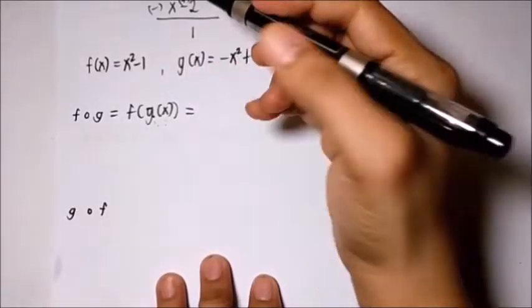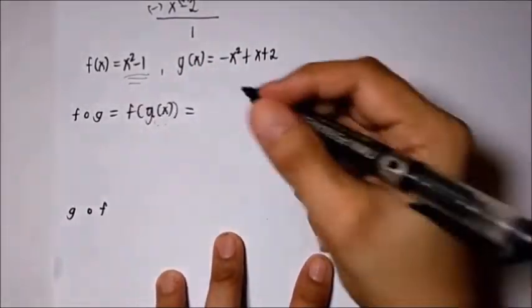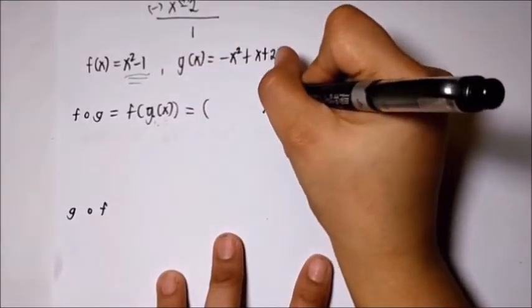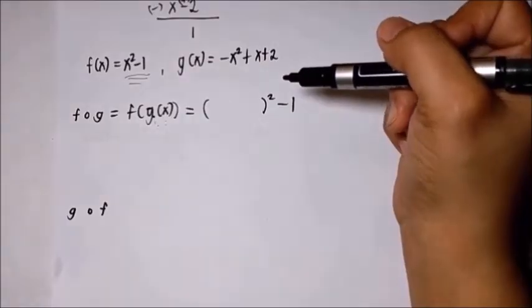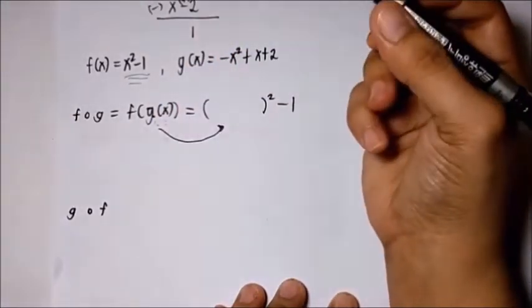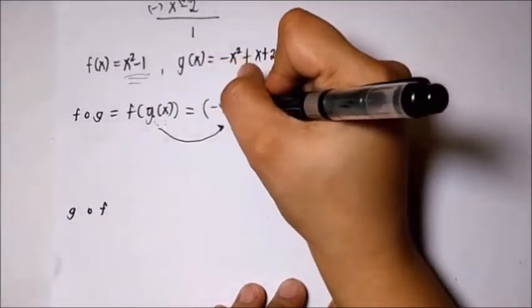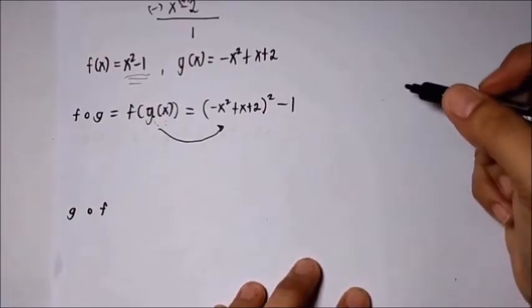So let's use the value of f. f is x squared minus 1. So we have x squared minus 1. But now, what is the value of x that we're going to use? It would be from g of x. And g of x is negative x squared plus x plus 2.